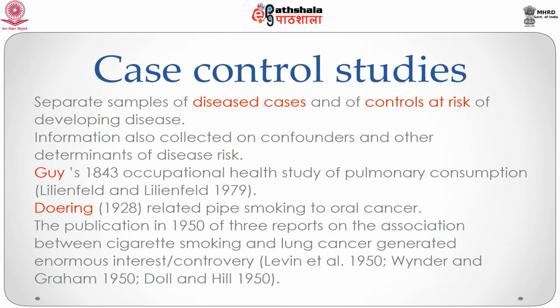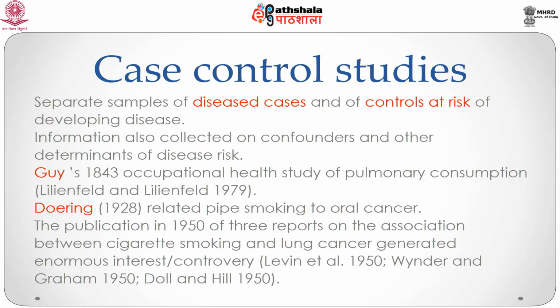The case control study also has a long history. So for example, one of the earliest mentions of the study is Guy's 1843 occupational health study of pulmonary consumption. For more details, you are referred to Lilienfeld and Lilienfeld, 1979.